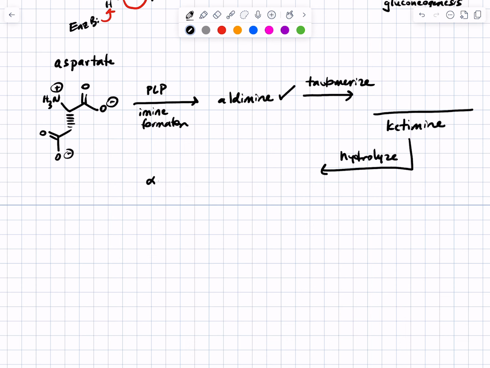And you should get out an alpha keto acid, and you should also get out pyridoxamine. When you get out that alpha keto acid, it should look familiar to you. I want you to see if you can recognize it as something you've seen before from a molecule in the citric acid cycle.